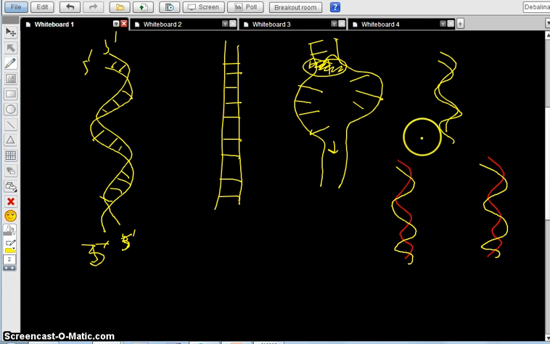After the replication, two new molecules will originate from the original molecule, and one strand will be the new strand, the other strand will be the old, parent strand. And here also, the yellow one is the parent strand, and the red one is the daughter strand. So this kind of replication is called semi-conservative replication.